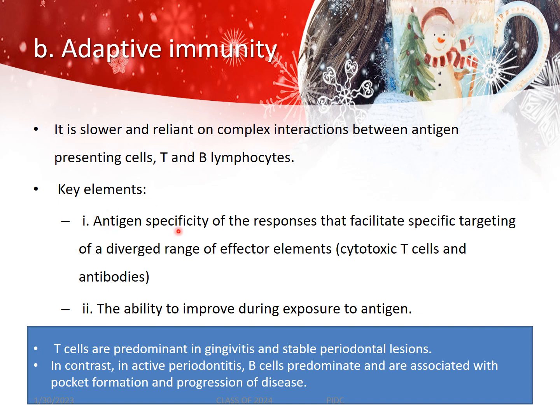Here the antigen specificity of the response facilitates specific targeting of a diverse range of effector elements and the ability to improve the exposure to the antigen. T cells are predominant in gingivitis and stable periodontal lesions, whereas once the body is not able to cope, in active periodontitis B cells predominate and are associated with pocket formation and progression of the disease.